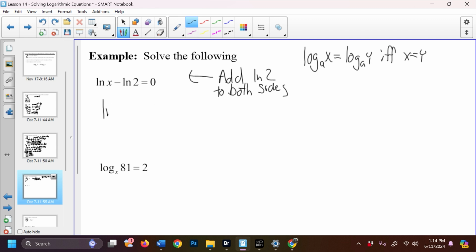That'll give me the ln of x is equal to the ln of 2. Since the logarithms are equal and the logarithms have the same base, the only way that that can be true is if what you're taking in the logarithm is equal. So x has to equal 2, and we are done with that one.